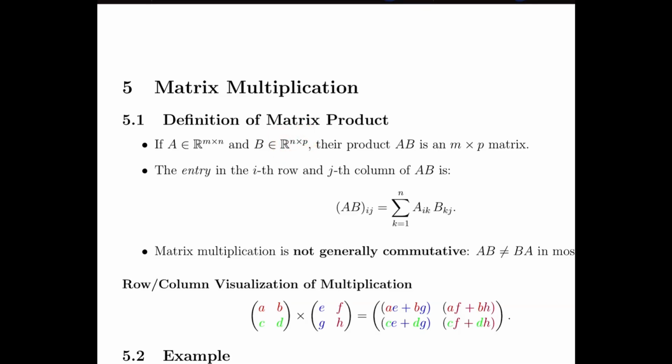So in that case, AB is a matrix of m by p. So note that this n canceled. You had an m by n matrix multiplied by an n by p matrix, and the product became m by p. So n is basically eliminated. So that's how you memorize easily.